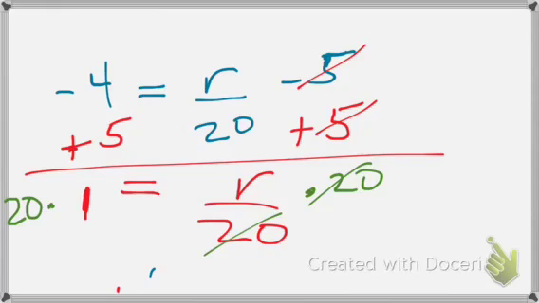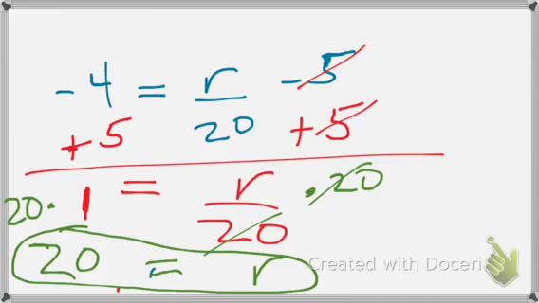And on the left side, you got 20 times 1, which is what? What's 20 times 1? Anybody? Twenty times 1, can y'all see that? It's 20. Very good, Ruby. Very good. Okay, so your final answer is going to be 20.